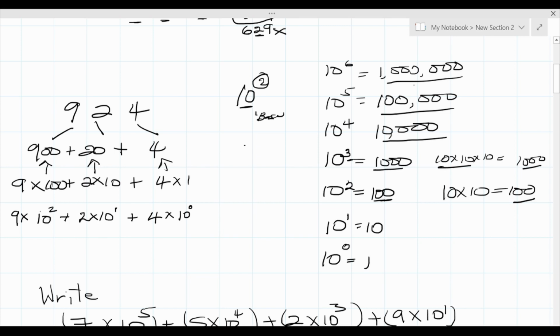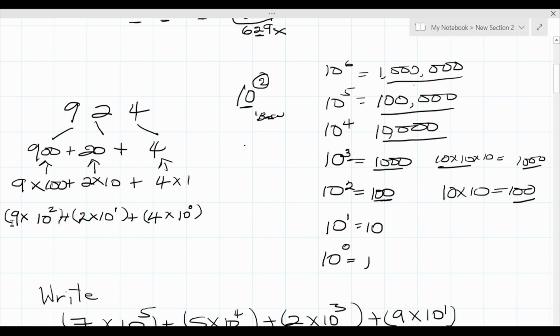All right, and we could bracket these off, make them nice and neat as best as we can. So if we were to put 924 in exponential form, what we should have would be 9 times 10 squared plus 2 times 10 to the first power plus 4 times 10 to the 0 power.